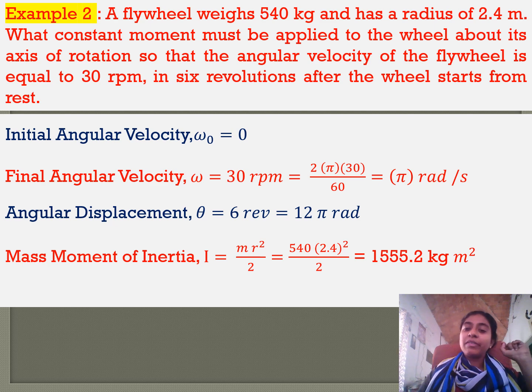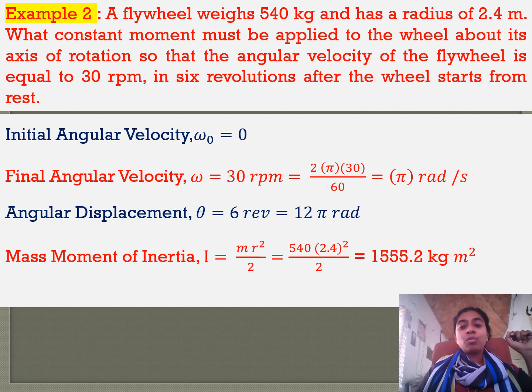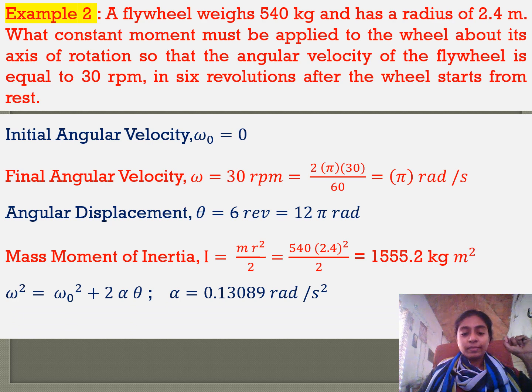Mass moment of inertia for a circular disc is I equal to mr square by 2. So, by substituting the values, we get mass moment of inertia for this flywheel as 1555.2 kilogram meter square.